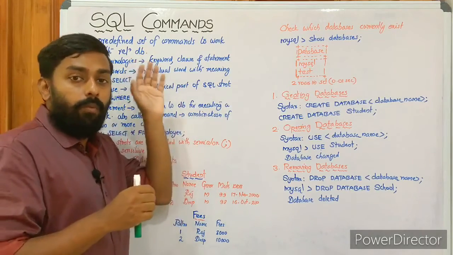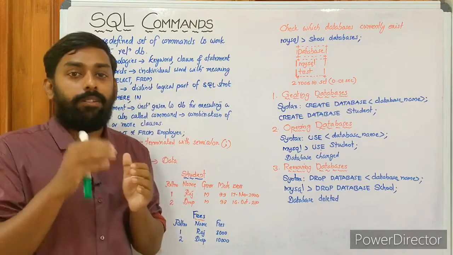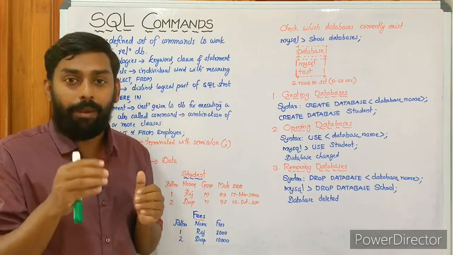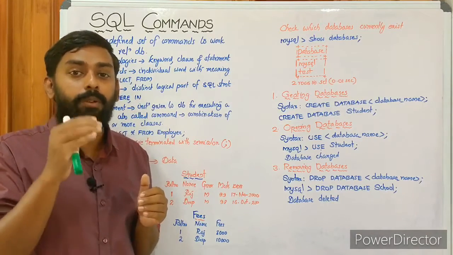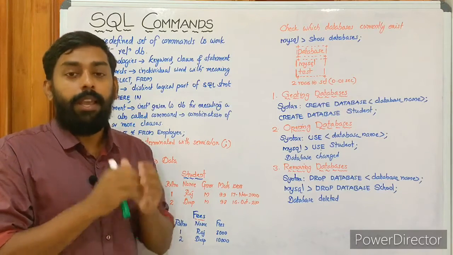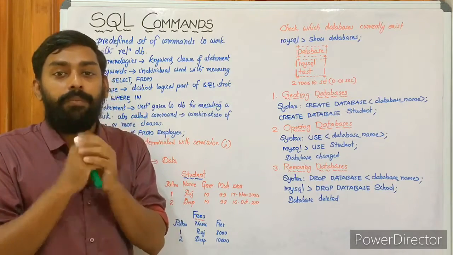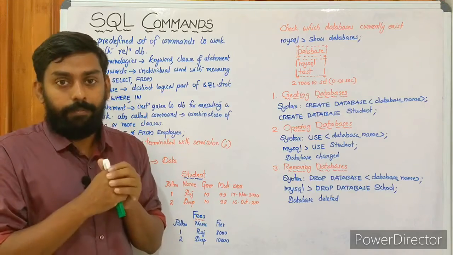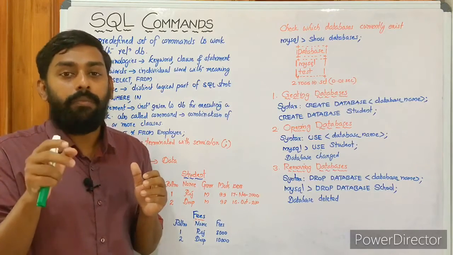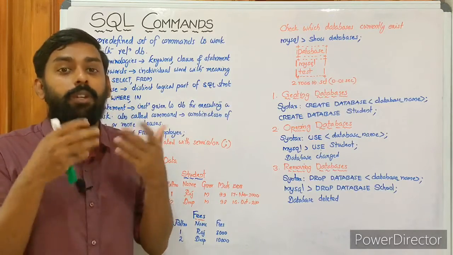So actually what is SQL? SQL stands for structured query language. It's a standard programming language used to develop the back end of a software, and it consists of a predefined set of commands used to manipulate a relational database.